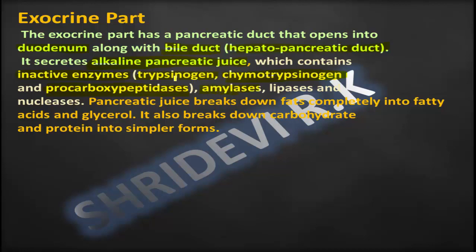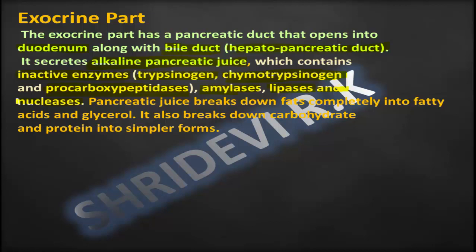Trypsin, chymotrypsin and procarboxypeptidase, all three are required for protein digestion and they are protein-breaking enzymes. Amylase is a carbohydrate-digesting enzyme. Pancreatic lipase, or simply lipase, is a lipid-digesting enzyme, and nucleases are enzymes which act on the nucleic acids.